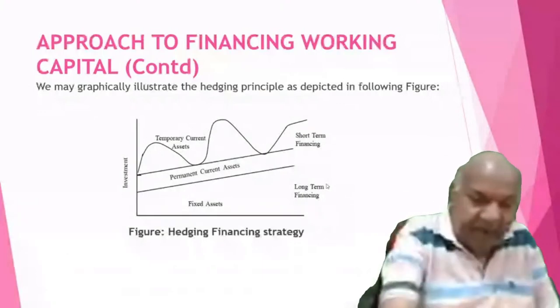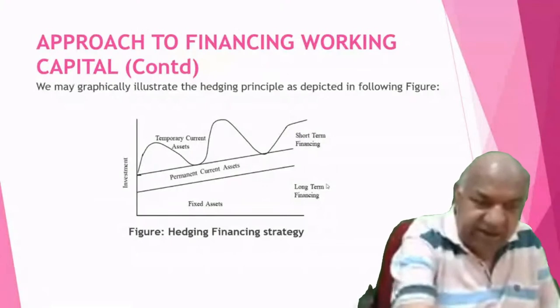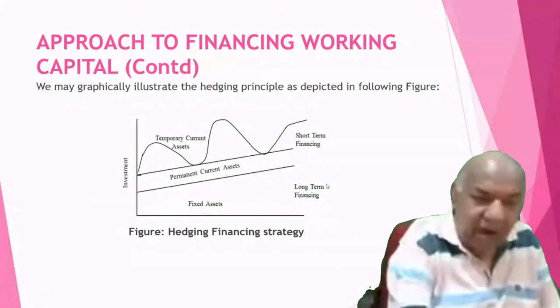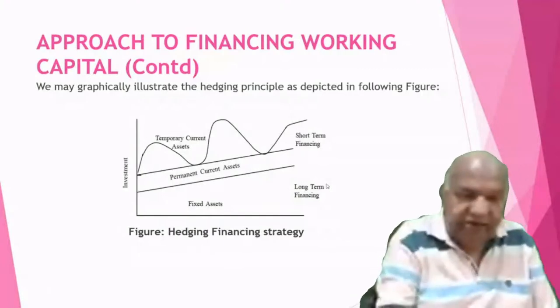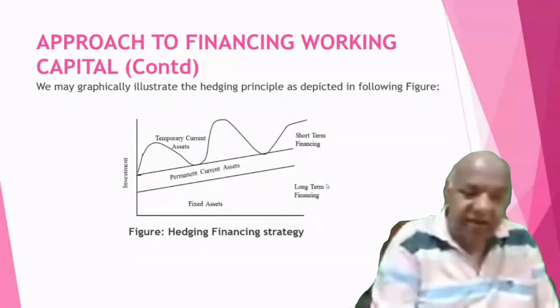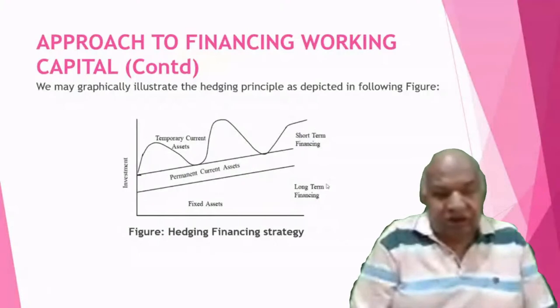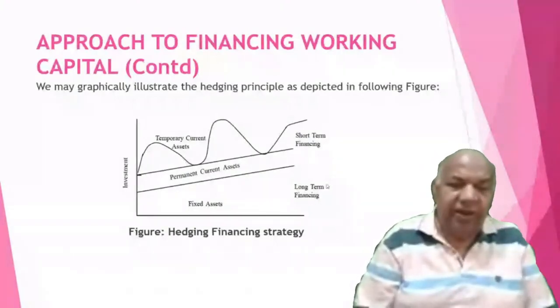And temporary current assets, sometimes they will increase, sometimes they will come even to zero, and so on. The amount will be used from short-term financing only when it is needed. After that, the amount will be generated from the inflows and the loans, etc., will be repaid.